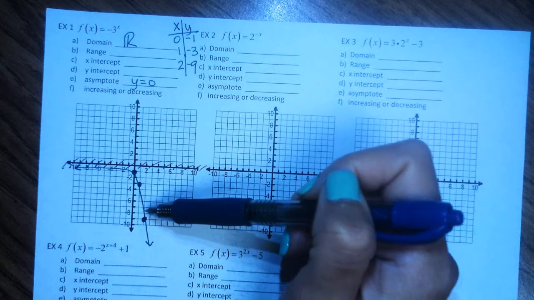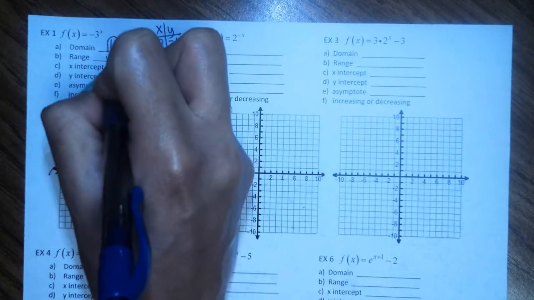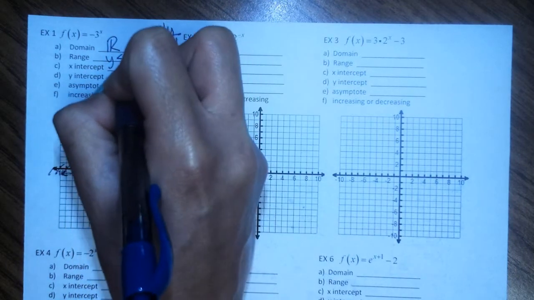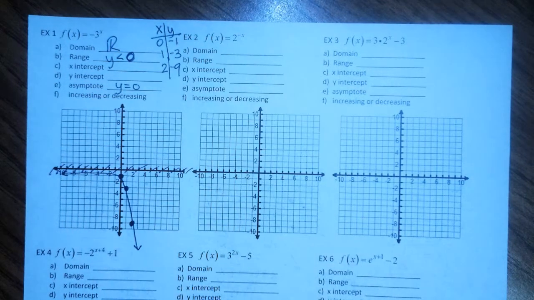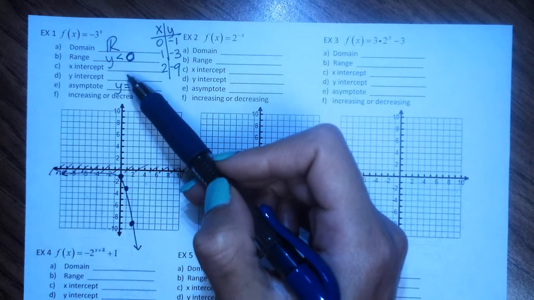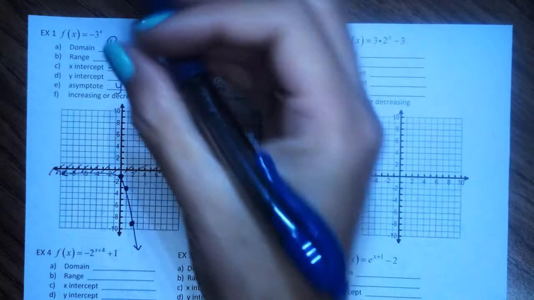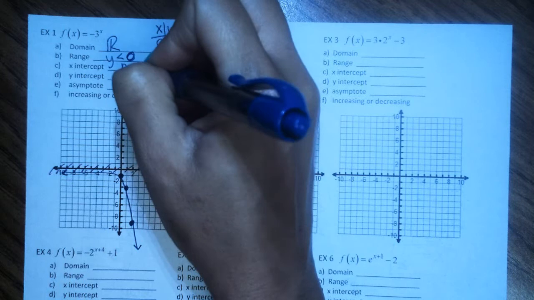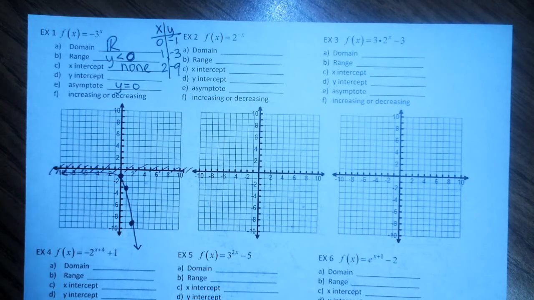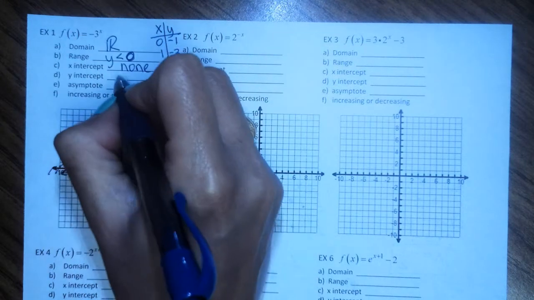The range for this specific one is now y is less than 0, because the graph is going from negative infinity up to 0. You could write this in interval notation if you prefer. The x-intercept is none because it never crossed the x-axis. The y-intercept is 0, negative 1.